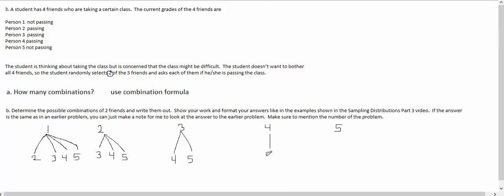And there's nothing after 5, so stop there. And now I have my combinations of 2. The combinations are 1,2; 1,3; 1,4; 1,5; 2,3; 2,4; 2,5; 3,4; and 3,5. And just like you did in the earlier problem, just write them out over here, separated by commas.